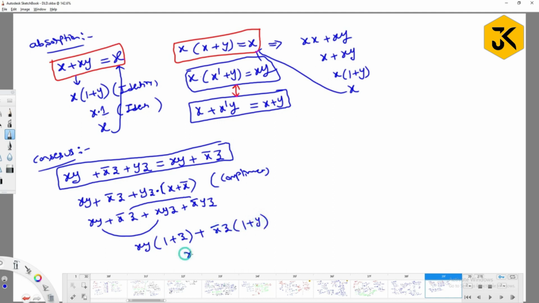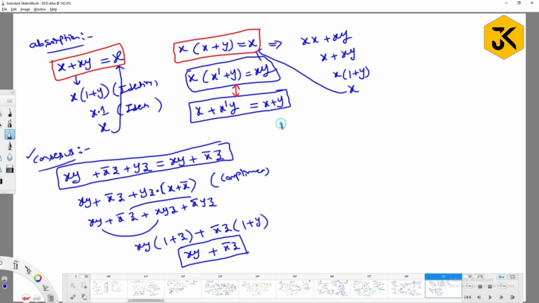What is 1 plus anything? 1. So that is xy plus x bar z, and your result will be xy plus x bar z. So this is the property of the consensus theorem. Or how can we prove this? You can take the truth table and solve it.